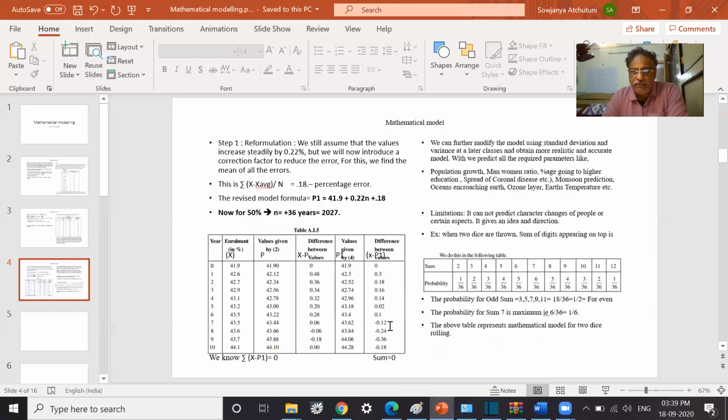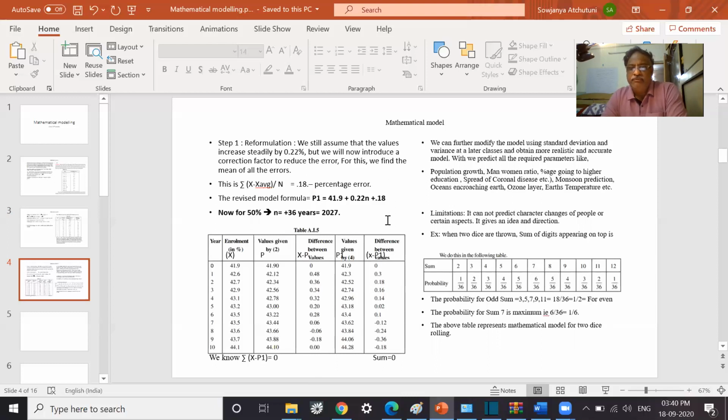If we add all the differences, it will be 0, because this correction has already been made in the formula. When adding the other differences, I have 0.18 into 10, a 1.8 difference. But here my total difference is 0. Sigma of x minus P1 is 0. So this is more accurate than the earlier formula.